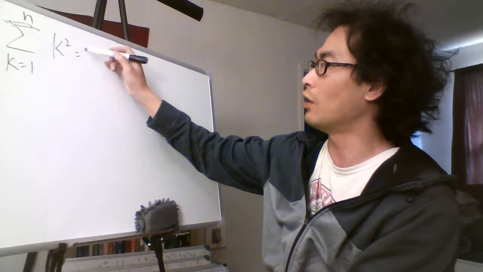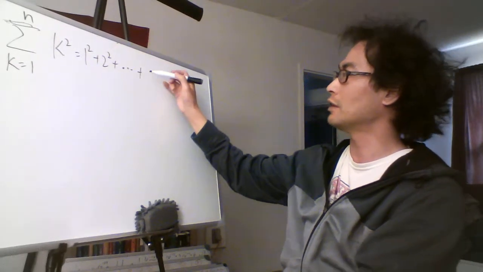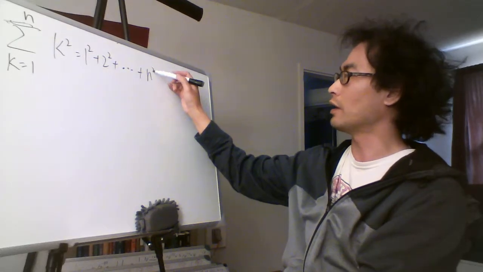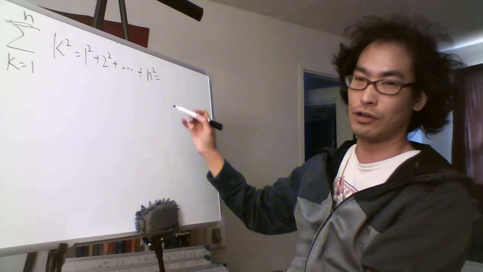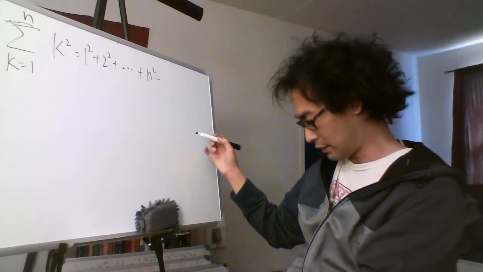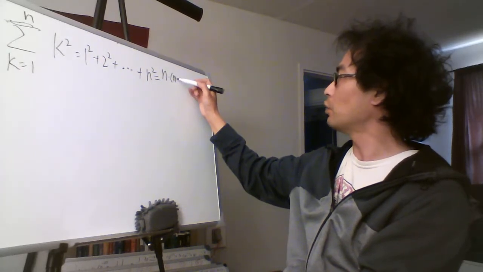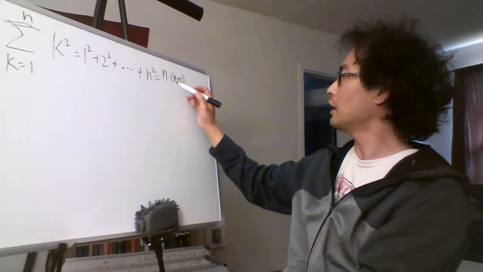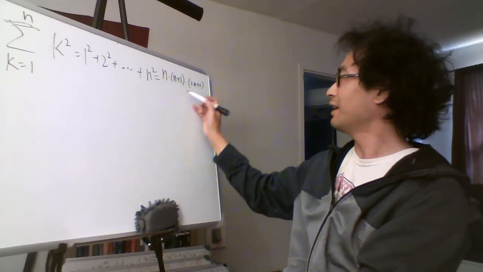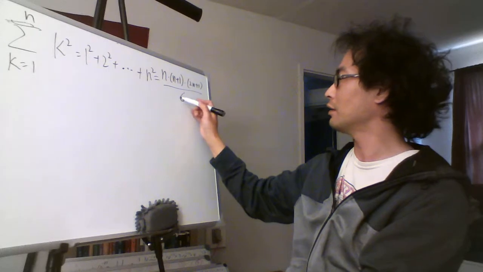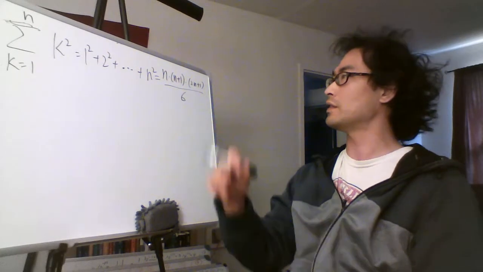So it's like 1 squared plus 2 squared plus blah blah blah plus n squared. From my internet search, you have n times (n plus 1) times (2n plus 1). That's what I remember from my high school days. Let's see if this is correct.